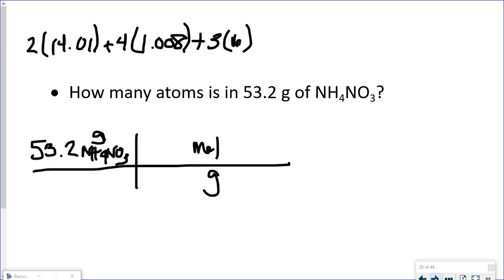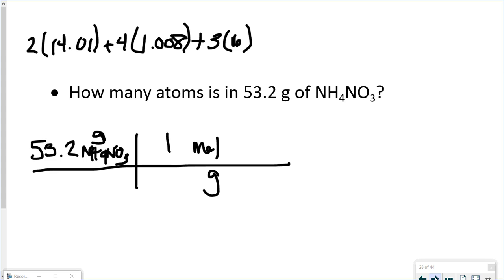So put this in the calculator, and you get that your molar mass, hang on, I typed in something wrong. 2 times 14.01 plus 4 times 1.008 plus 3 times 16 is 80.052. I had typed in 11.01 instead of 1.01.